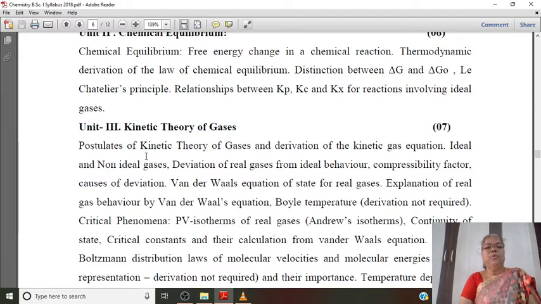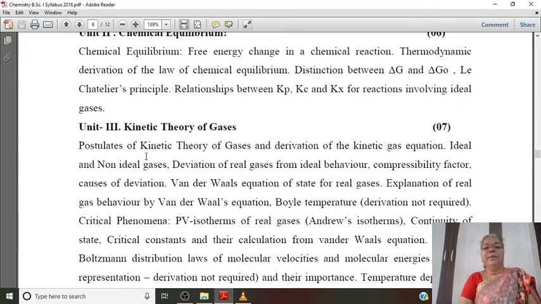Then the van der Waals equation of state for real gases, and explanation of real gas behavior by the van der Waals equation.